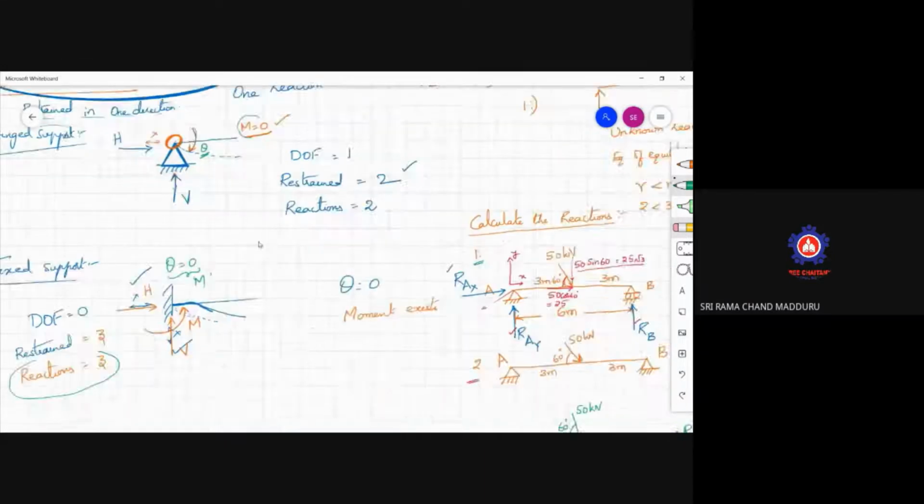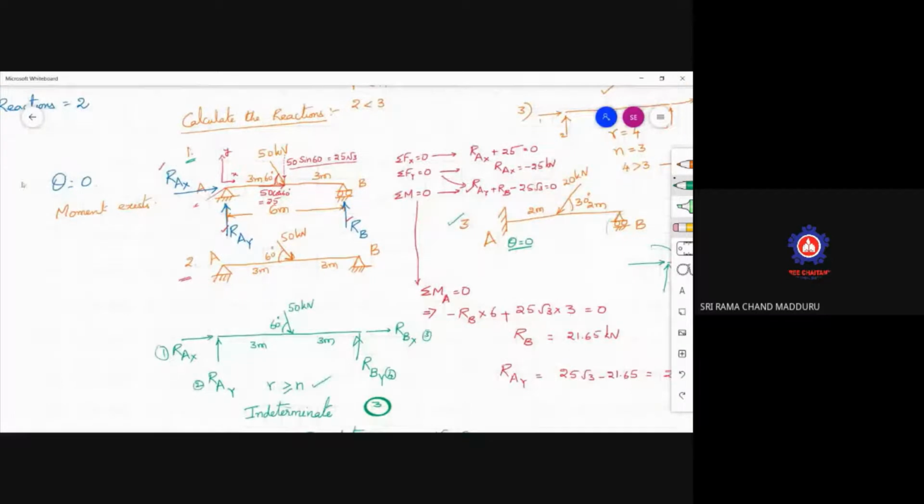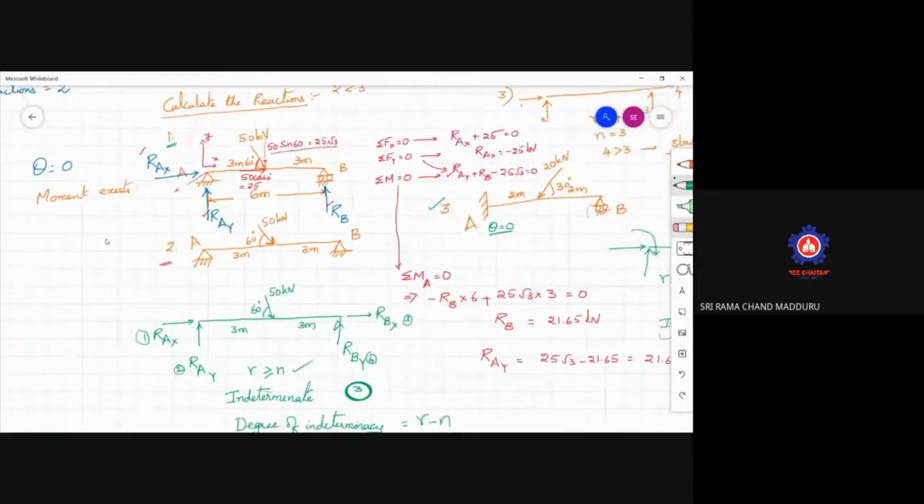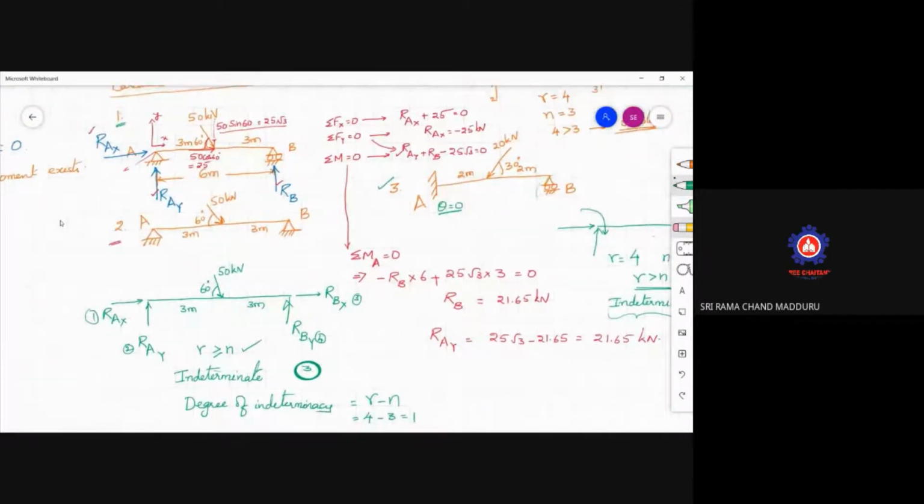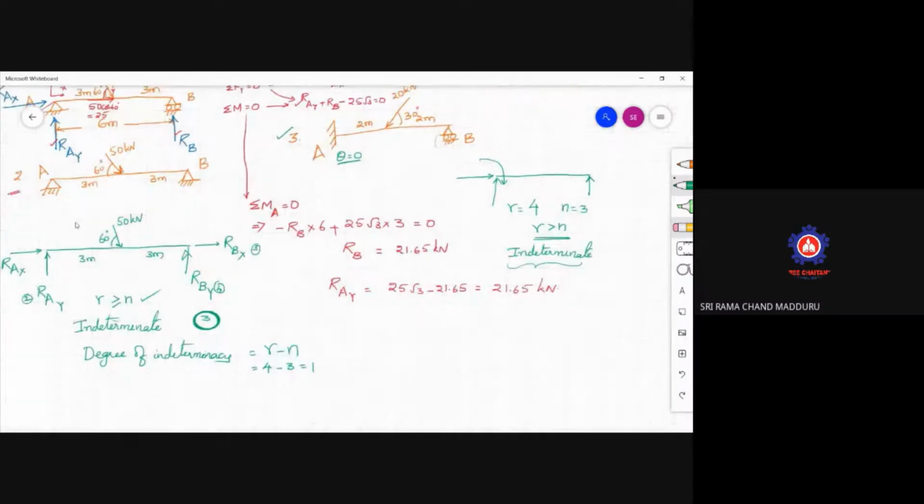Now, we have seen the problems related to statically determinate as well as indeterminate structures. If the number of reaction unknowns is more than the equations of equilibrium, the structure is said to be statically indeterminate. If R is greater than N, it indicates statically indeterminate.